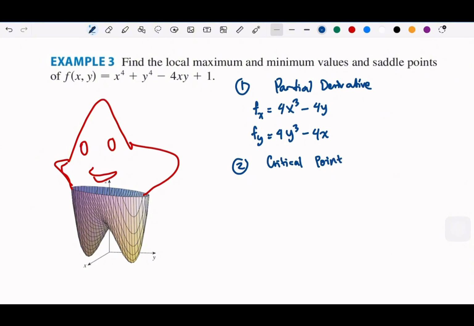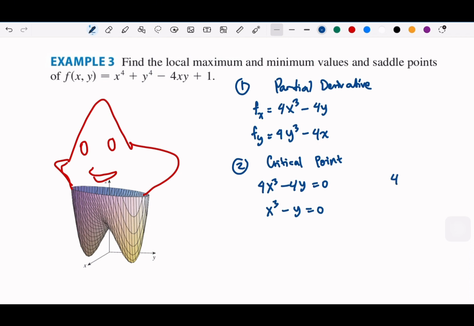So taking each partial equal to 0, and we get the equations that can be substituted. Okay, so sometimes we don't really get the exact number within the first equation, but we have two equations that we can solve.